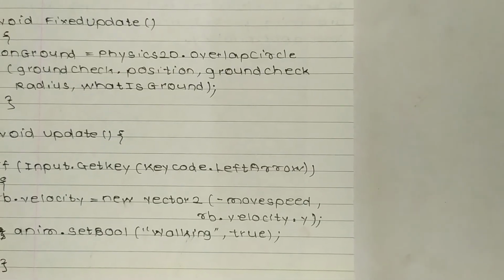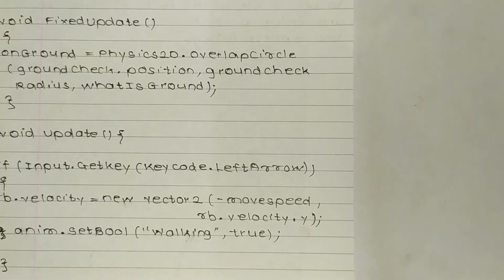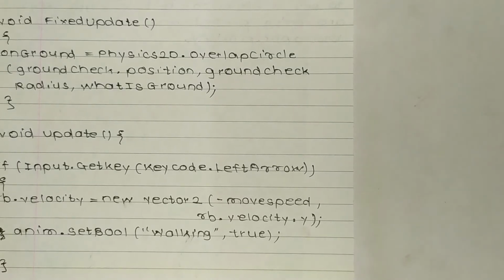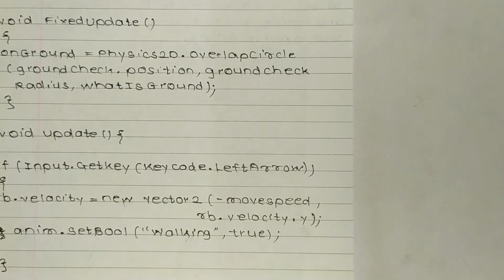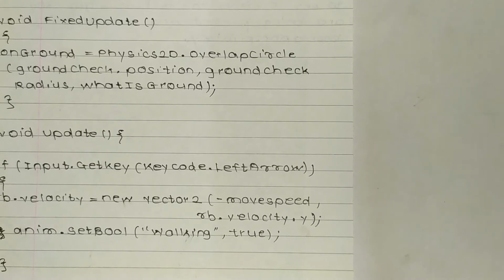Void Update: if Input.GetKey KeyCode.LeftArrow, rb.velocity is equal to new Vector2 minus moveSpeed, comma, rb.velocity.y, anim.SetBool walking true. So it comes under the void Update section.